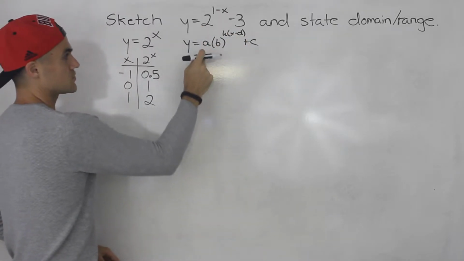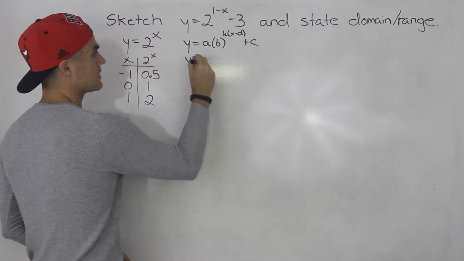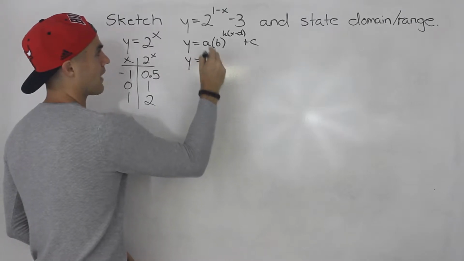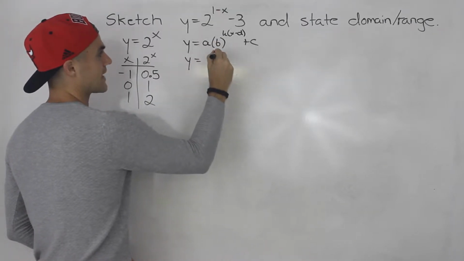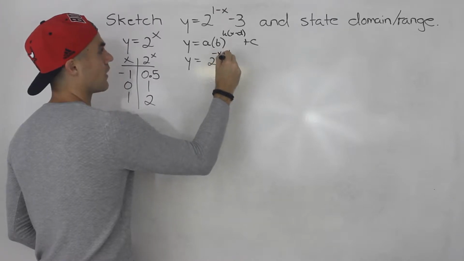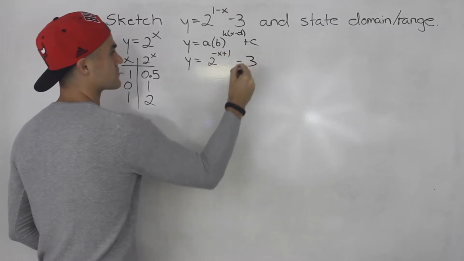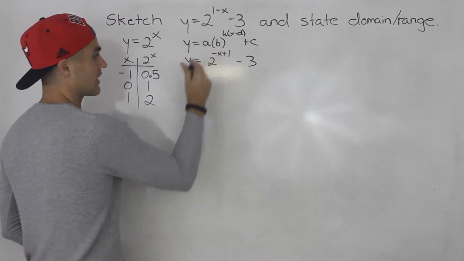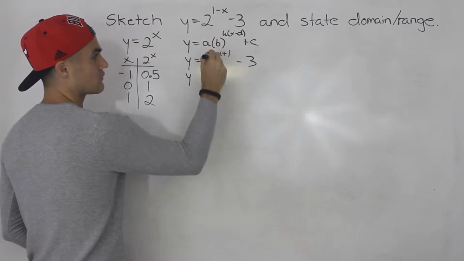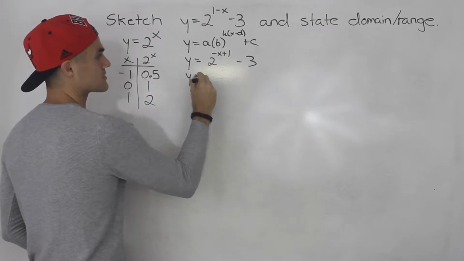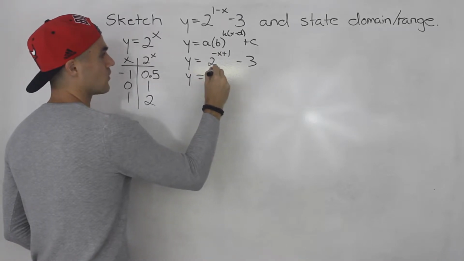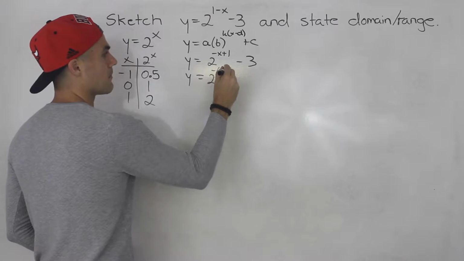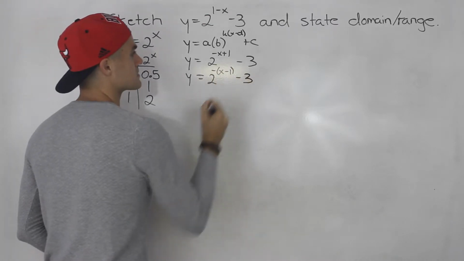So if we switch it into this format, we'll have y equals 2 to the power of 1 minus x. You want to rewrite that as -x plus 1, and then this will be -3. And then over here, you want to make sure that x is by itself. You want to factor out the k value. The k value is -1, there's a -1 in front of the x. So if we factor out a -1 at the top, we'll be left with x minus 1, and then this will be -3.